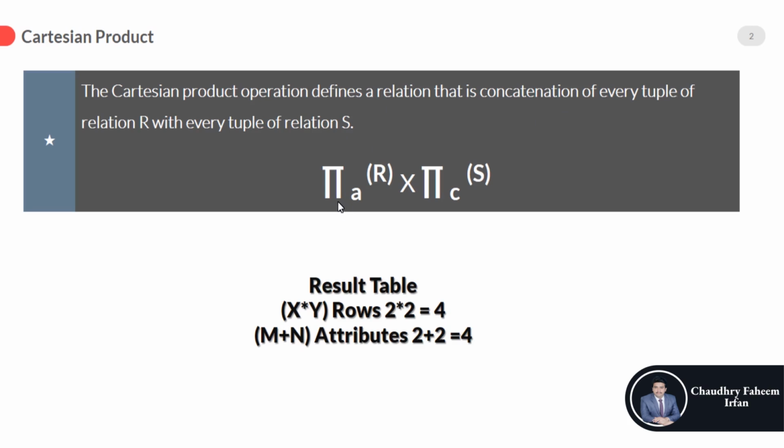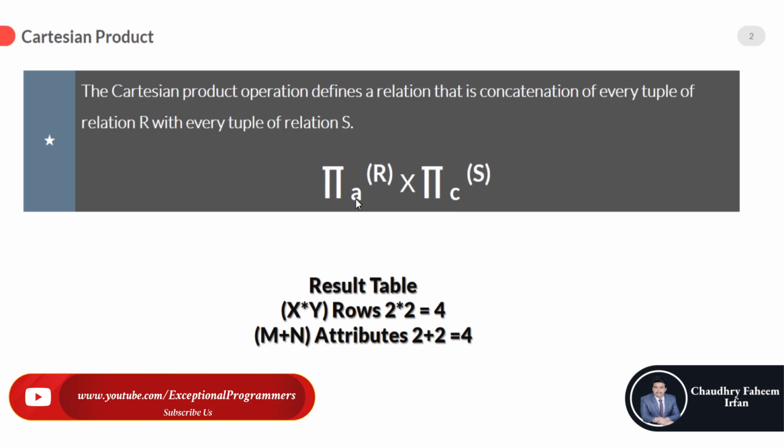By using the projection operation, we can select specific columns. Like, A is the column and R is a relation. So pi, which means the projection operation, is going to select a column. A is the attribute name or column name and R is the relation name.